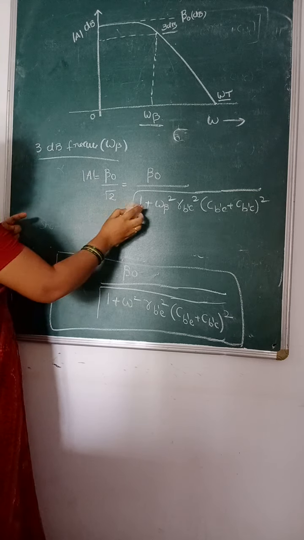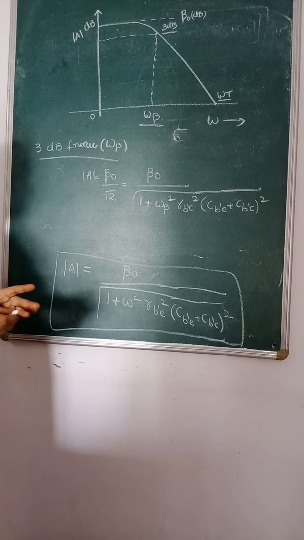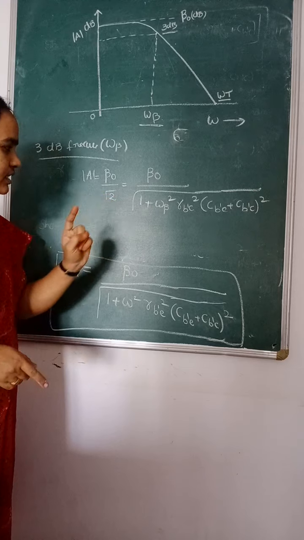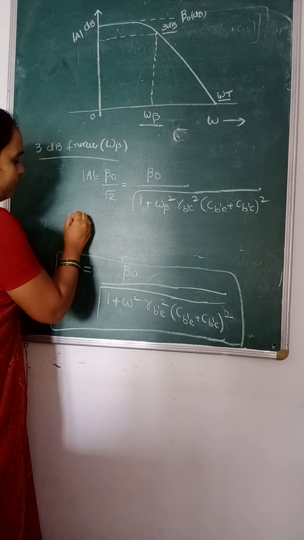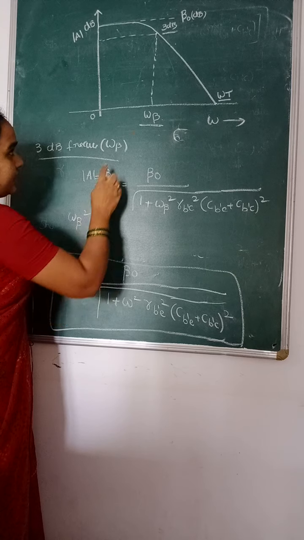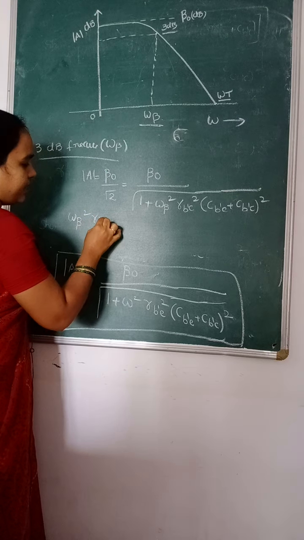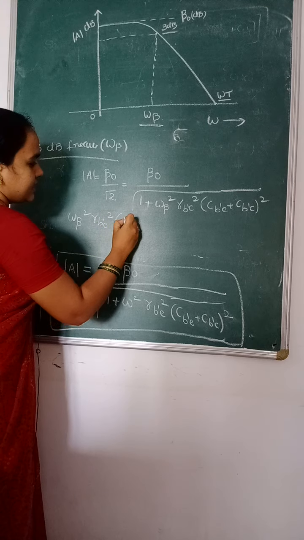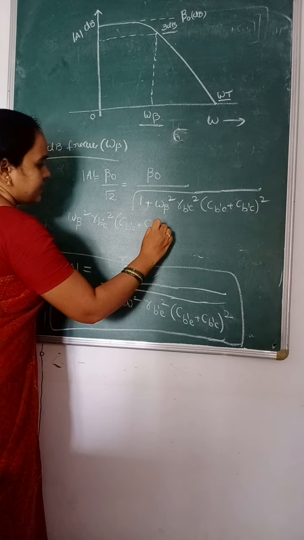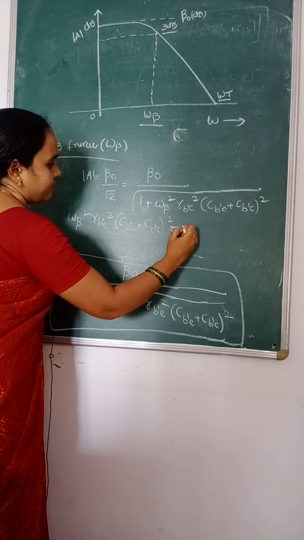So from this expression we can calculate what is the value of omega. These two are equal, these two are in root positions, so hence omega_B square, that is 3 dB frequency square, r_b'e square (C_b'e plus C_b'c) whole square is equal to 2 minus 1, that is 1.